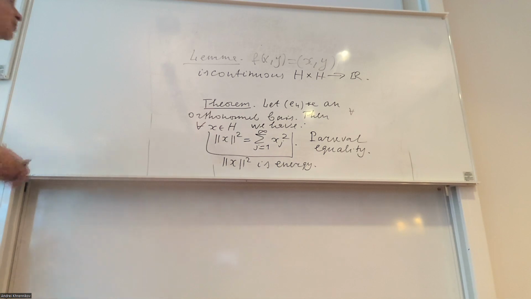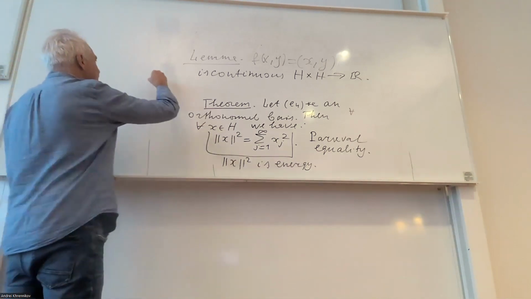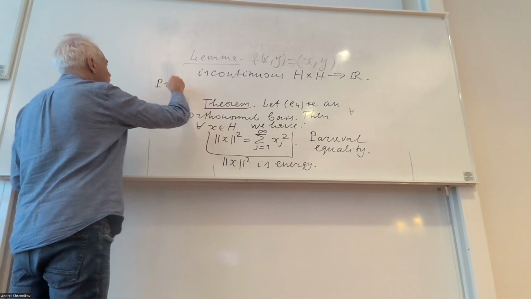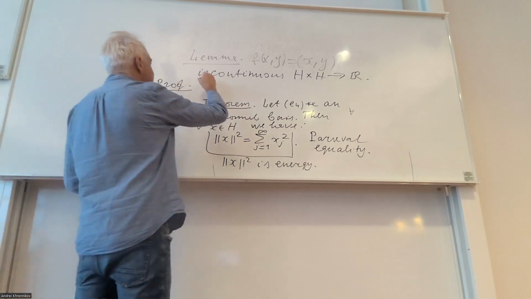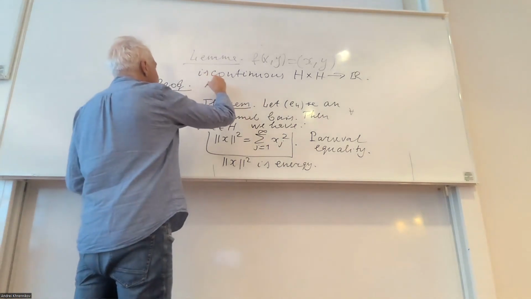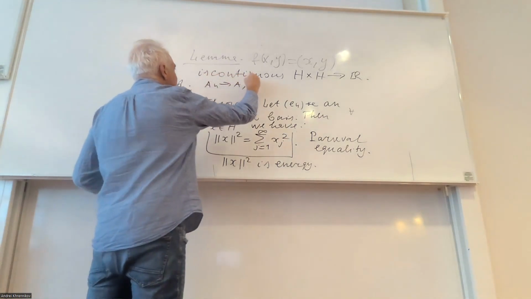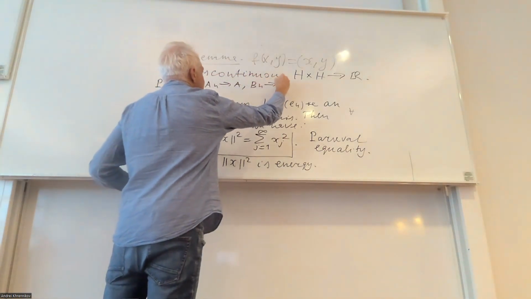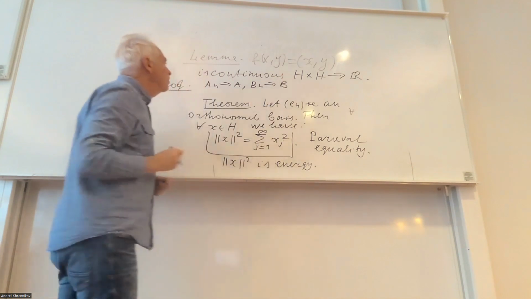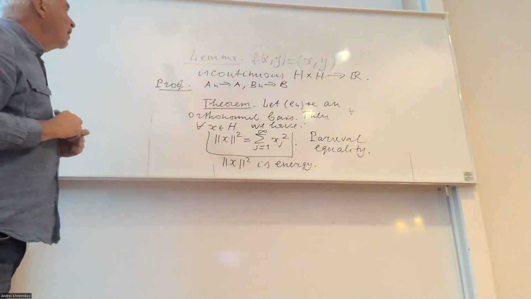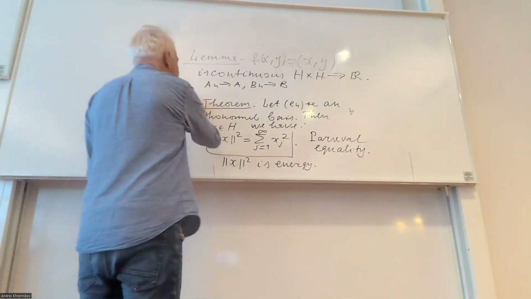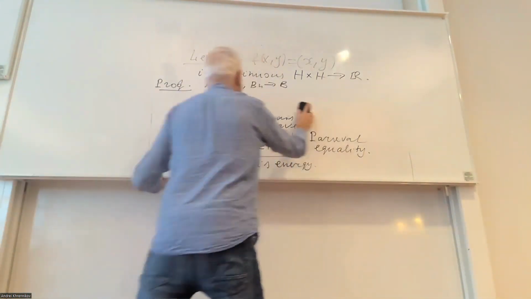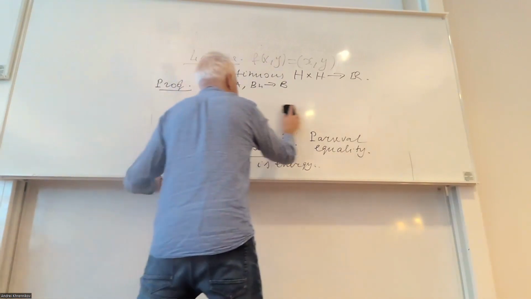Now the proof is also simple. Suppose that, for example, an converges to a, and bn converges to b.